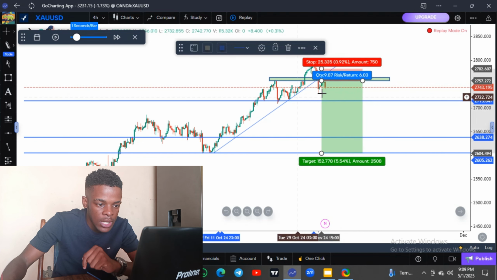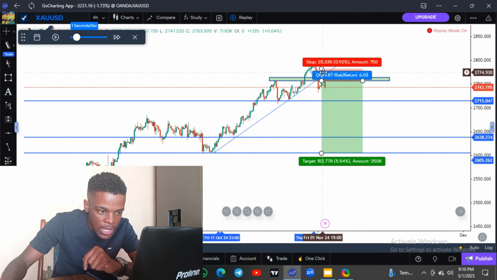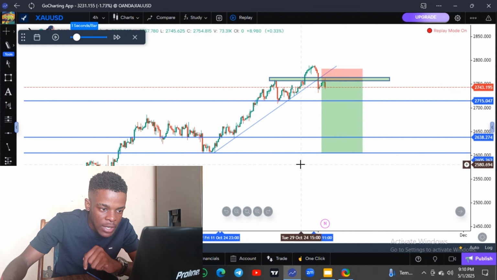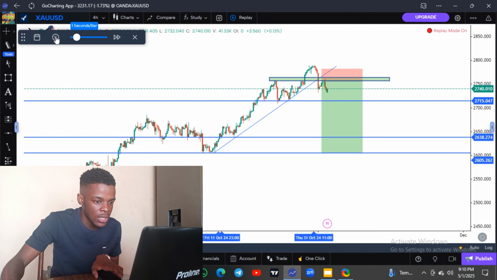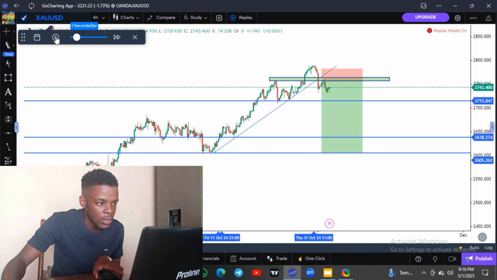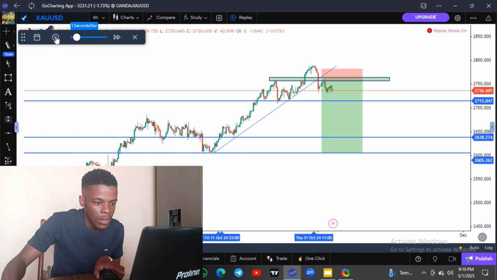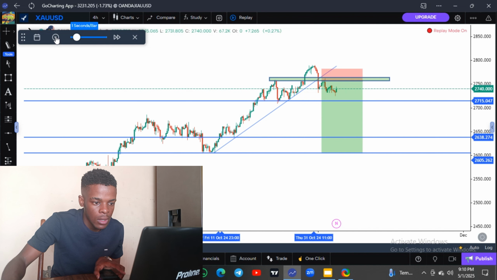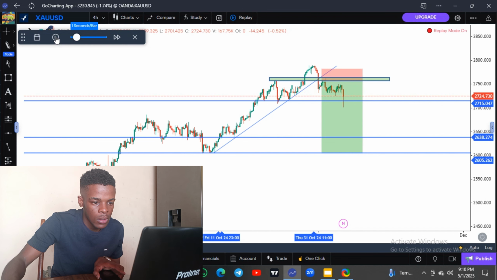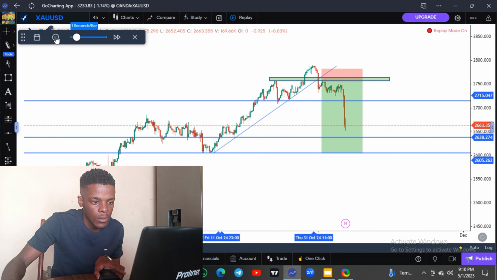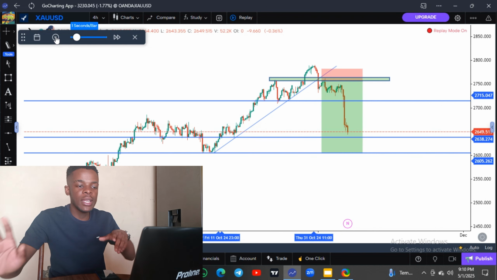You're starting to see those weak rejections here. You enter here. After entering, you put your stop loss below there. Then you just have to wait. Boom, TP1 hit.